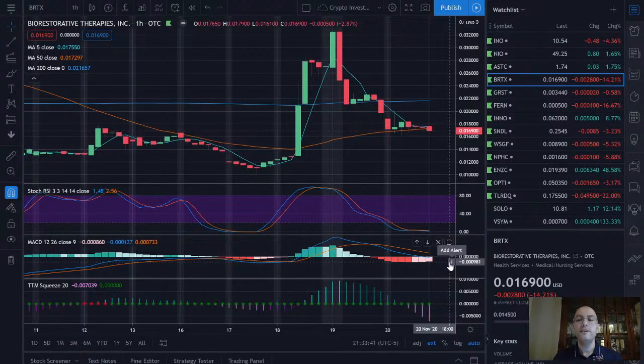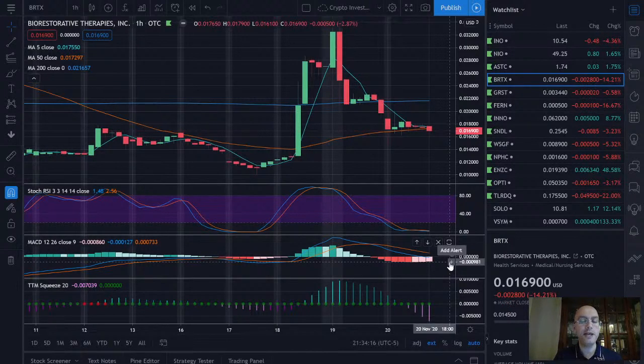Another difference is that the stochastic RSI actually moves quicker than the RSI itself. So it will move into the overbought area quicker than an RSI would, and it will move to an oversold area quicker than an RSI, because of the dependency on the price.